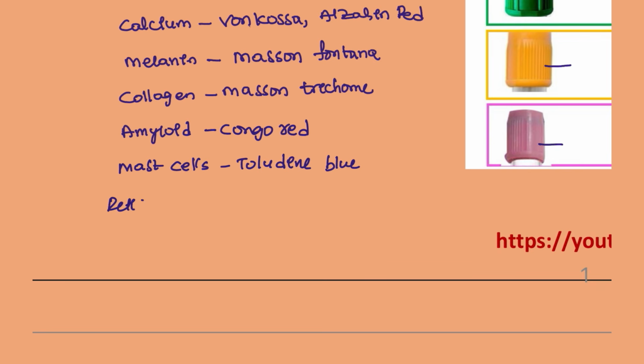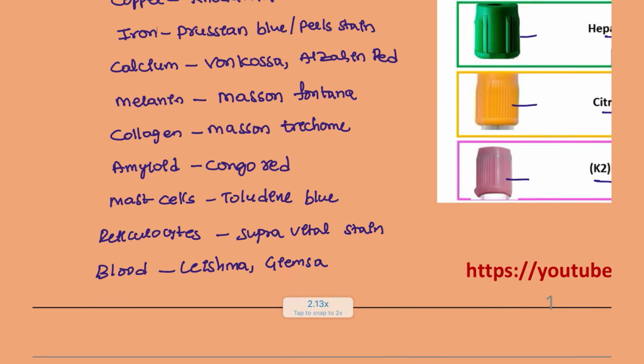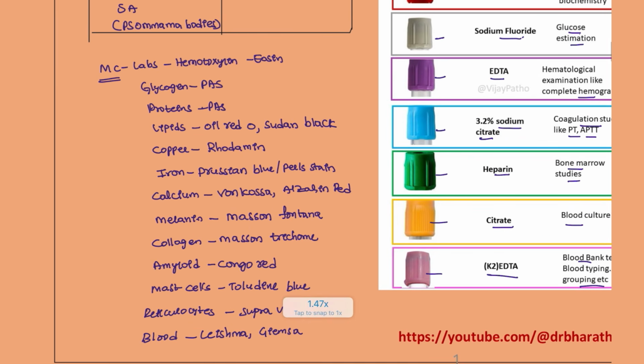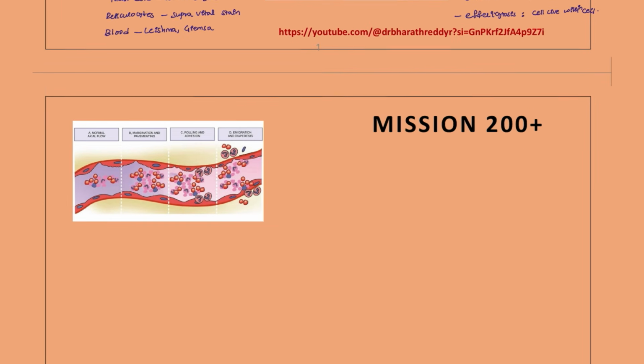Next, reticulocytes. For reticulocytes, we have the supravital stains. In most blood-related work, we are going to use Leishman and Giemsa. These are important stains that you have to remember. No matter what, these questions can be asked in the examination, guys, so you have to remember.